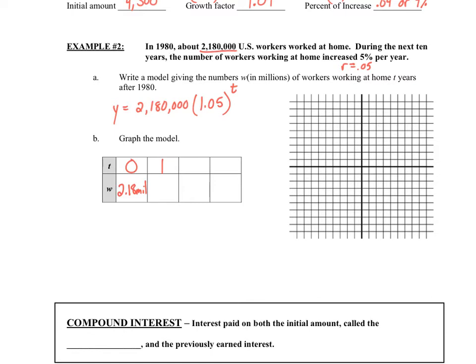That is 2.29 million. When you plug in 2,180,000 times 1.05 to the second power, that is 2.4 million. And when you plug in 3, you'll get 2.52 million.